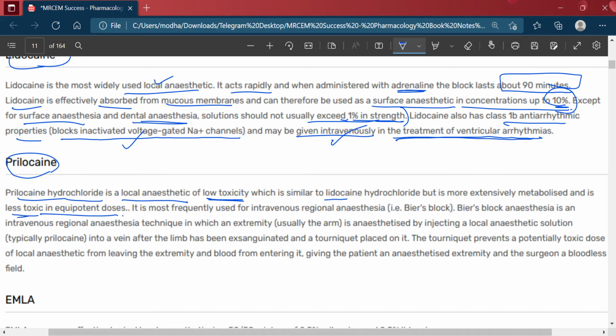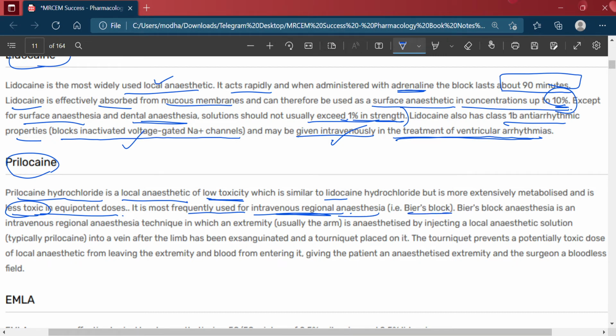It is most frequently used for intravenous regional anesthesia, like Bier's block.